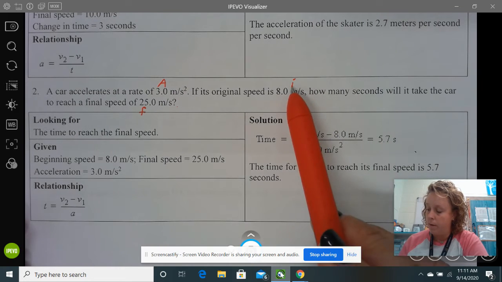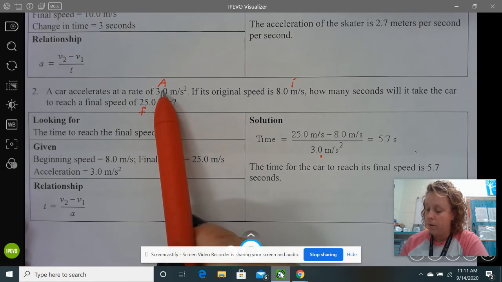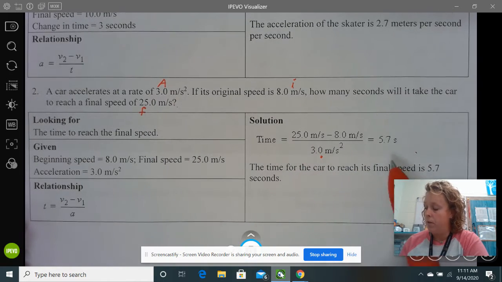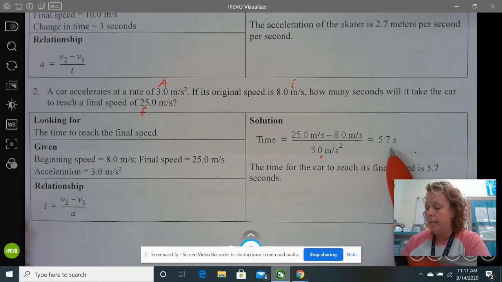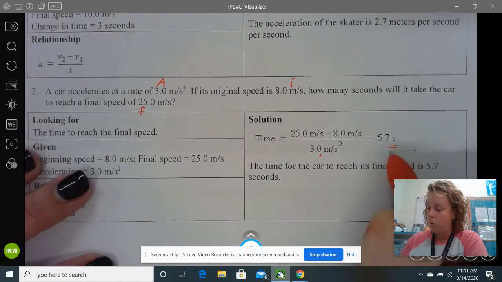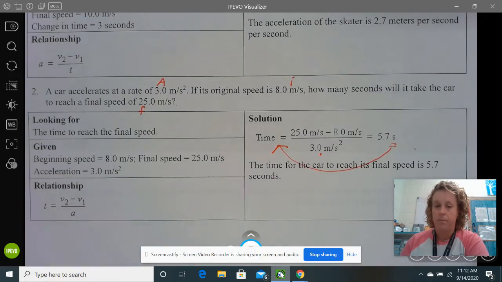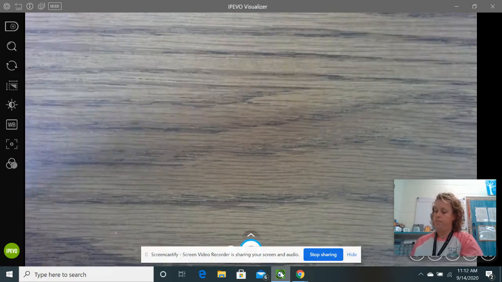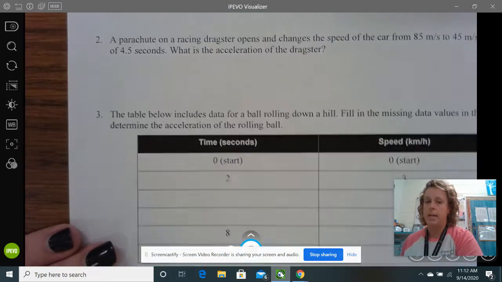And again, we notated all of those components up here in the question. When we do that math, you get 5.7 seconds because we are looking for time.